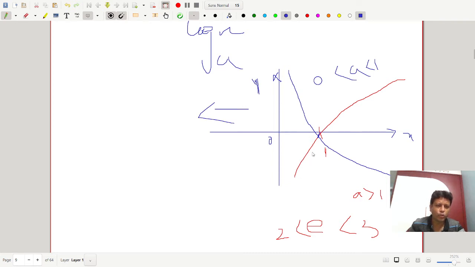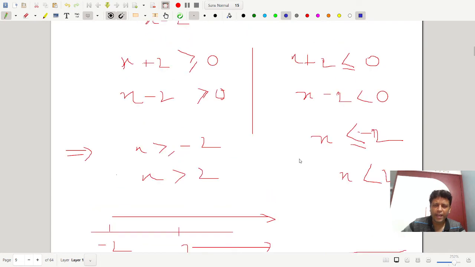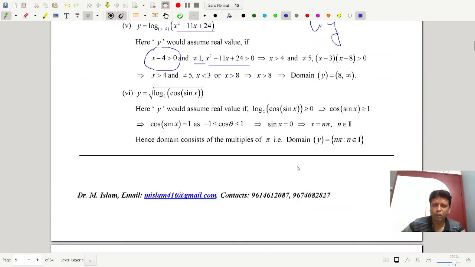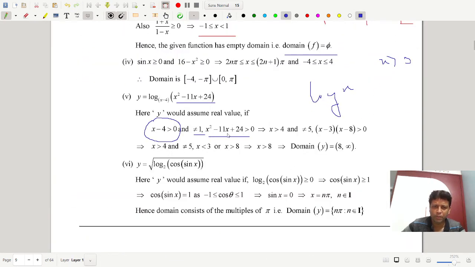Look, x is positive because from origin to the right you have positive values. So x is always positive. Whatever be the function inside the log, that must be positive. Am I clear, everybody? This line clear? Yes, sir.